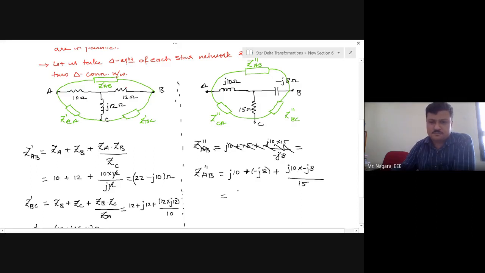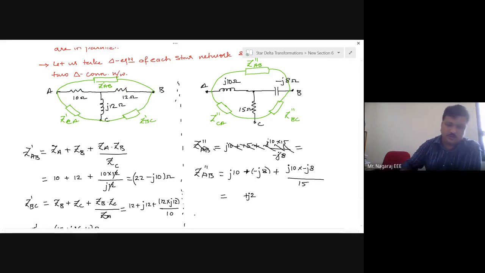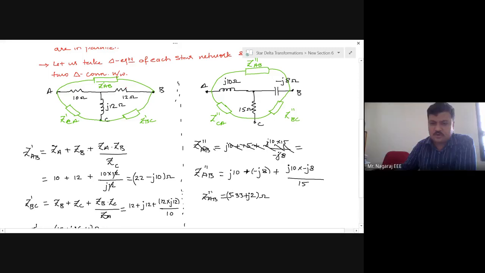So it is plus J10 minus J8, it is plus J2. So 10 into 8, 80 divided by 15, okay, 5.33. It is 5.33 plus J2 ohms. All are getting same? Yes, sir. Yes, sir.